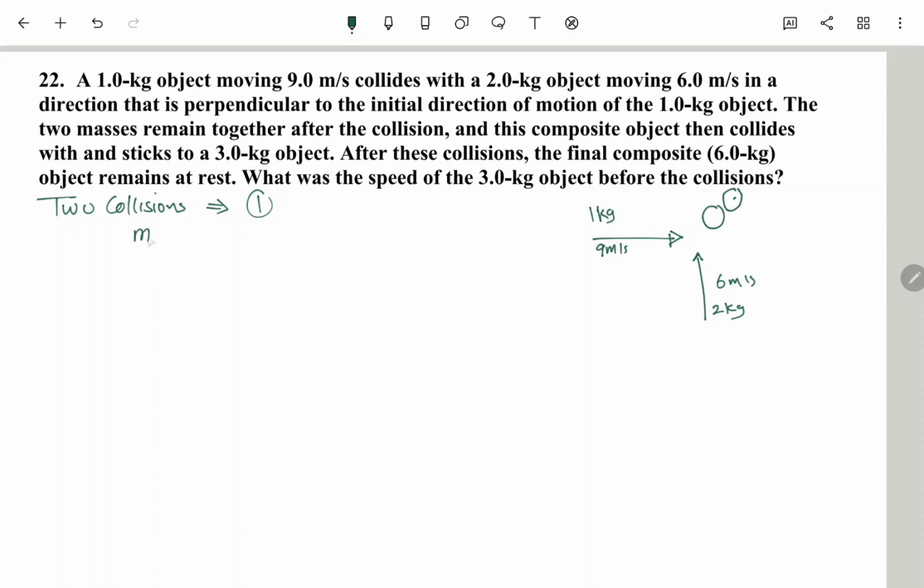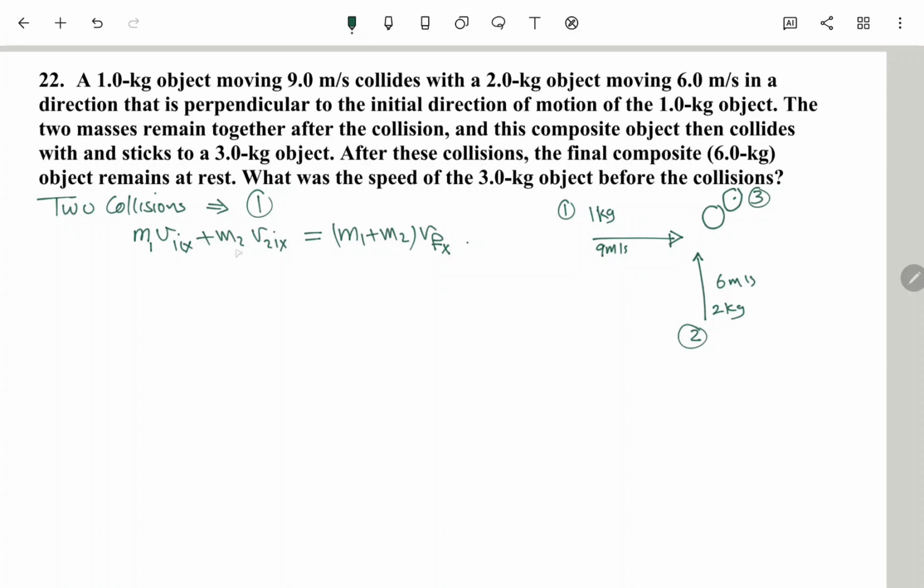So let's name them 1, 2, and this is 3. m1 v1 initial plus m2 v2 initial equals m1 plus m2 times v final x, because P initial x equals P final x. Now this is x and this x.